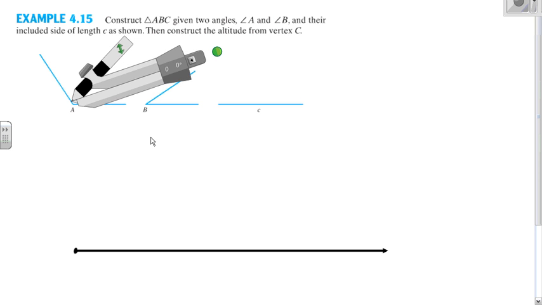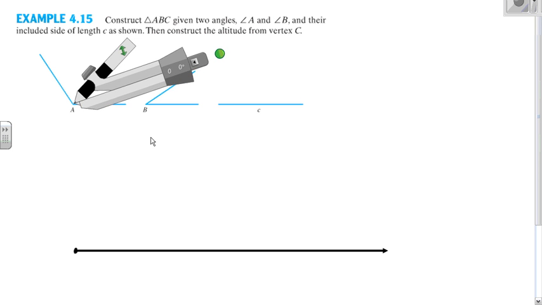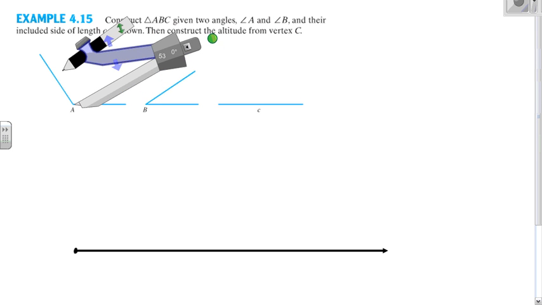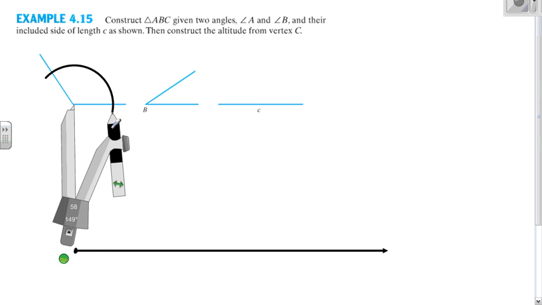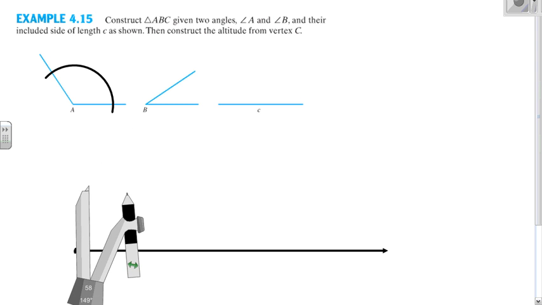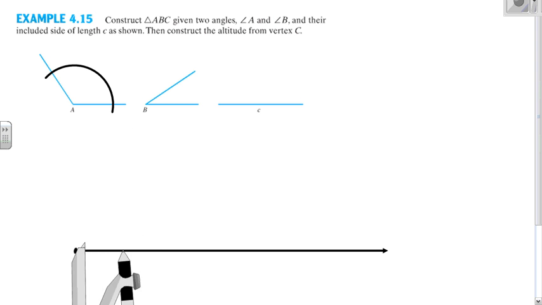So put your compass on the vertex, stretch it out a certain arbitrary distance, and make a curve. Make that same curve where we're trying to copy the angle.